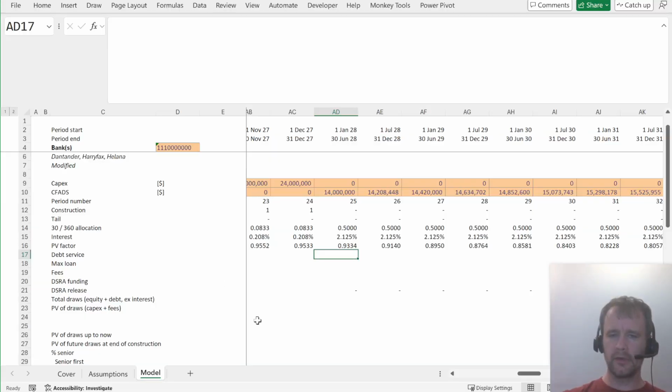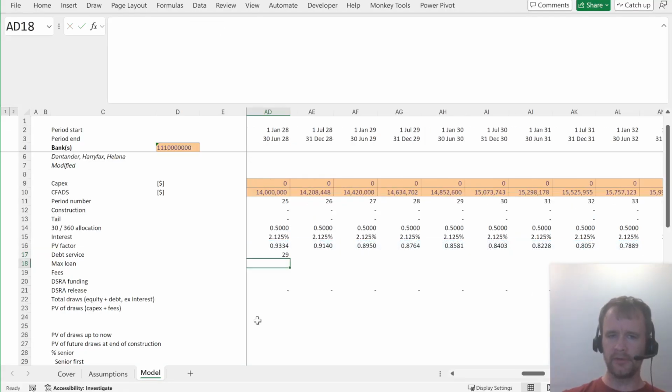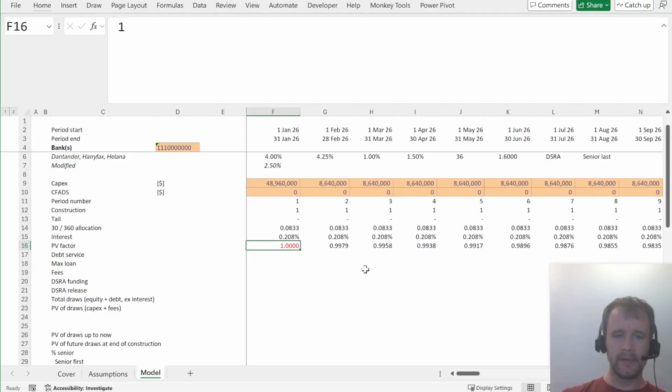You can basically say the value of $1 paid in each of these periods is going to be 29.18, and so my mortgage payment is just going to be my opening balance divided by that 29.18. But in this case, we're not dealing with mortgages, so it's going to be a little bit different. But we'll come back to that.